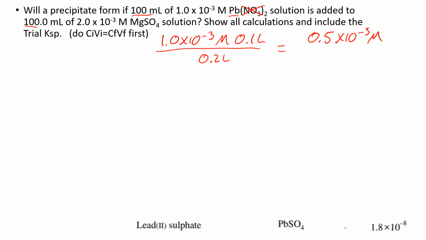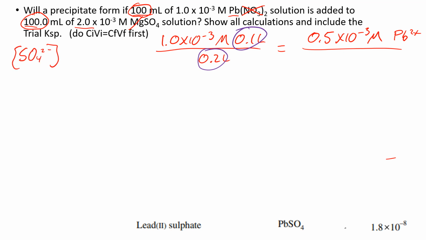That is 0.5 times 10 to the minus 3. This is my new concentration of Pb, by the way. Same thing for this one. I don't even have to do a CiVi. If you have equal volumes, and it only works for equal volumes, then you can just take your concentration and divide it by 2, because you're doubling the volume. So again, Mg is a spectator, so the SO4 2 minus concentration is 2.0 times 10 to the minus 3.